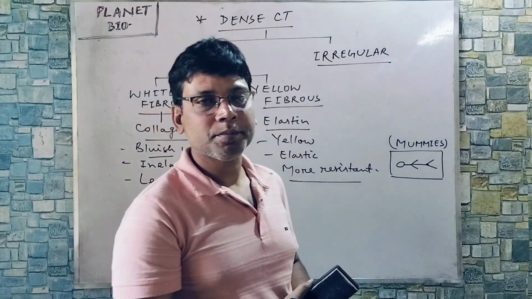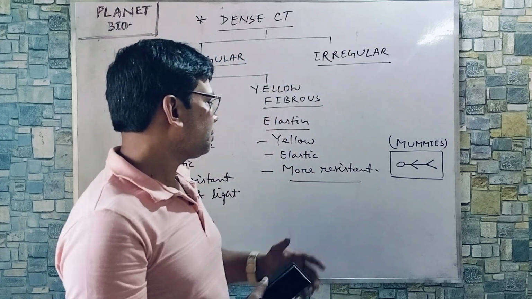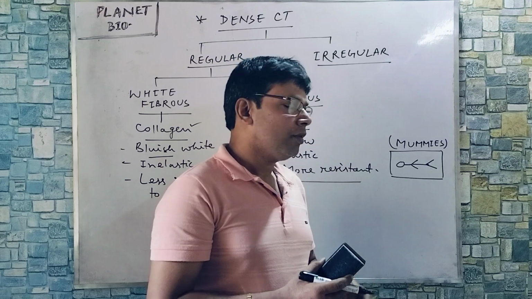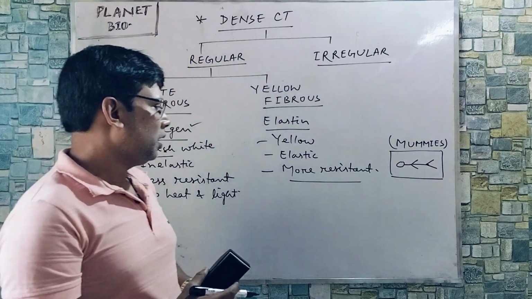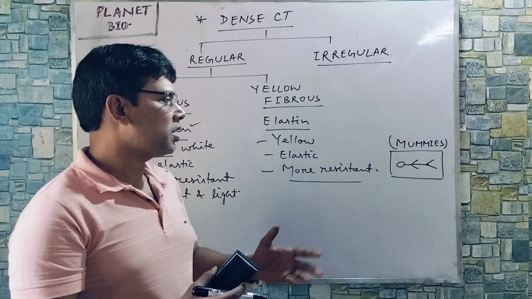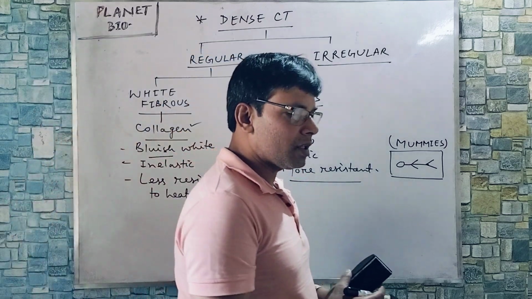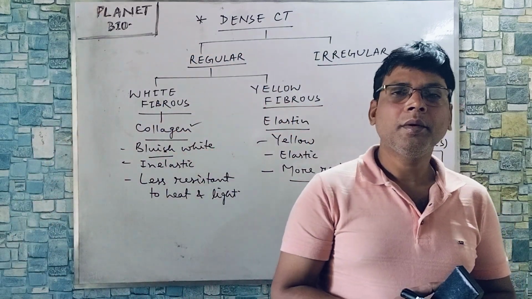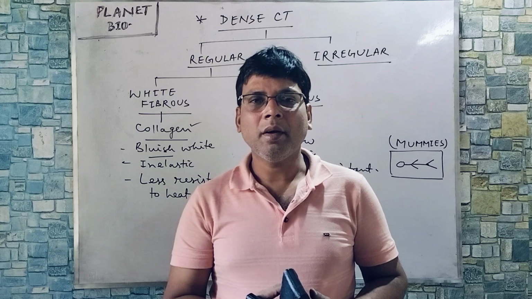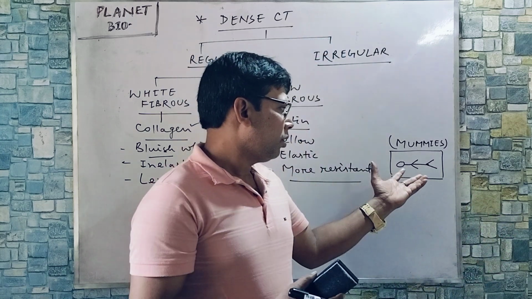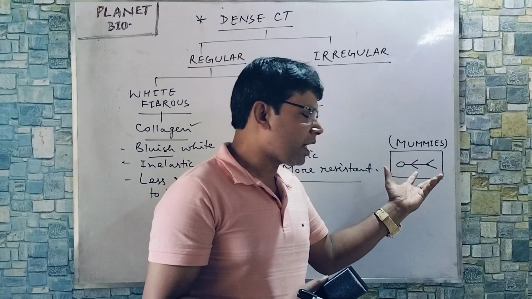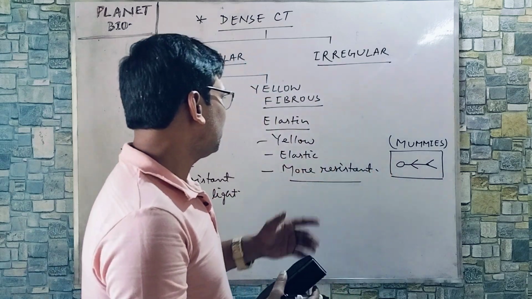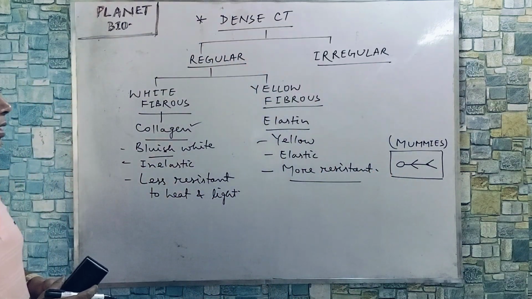Mummies in Egypt can have no effect or least effect of heat and light with the changing time and surrounding. So they have their blood vessels, arteries intact due to the presence of these elastin fibers.